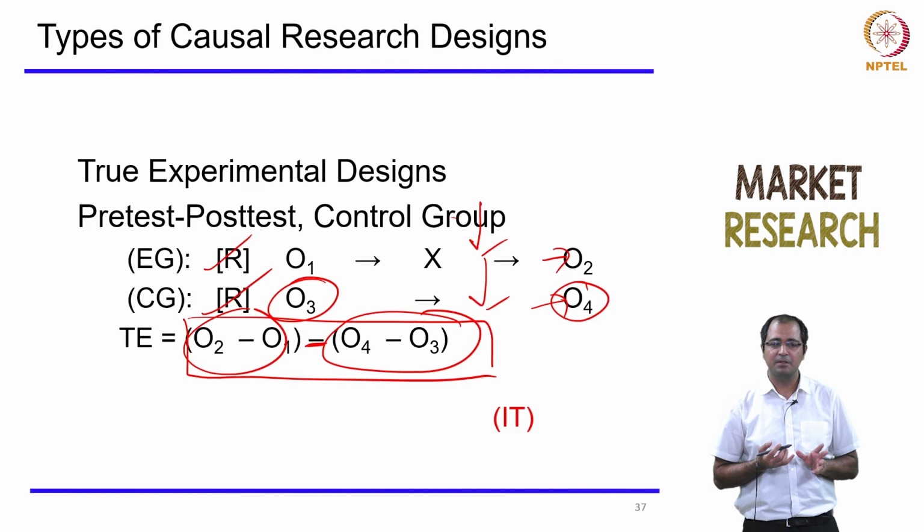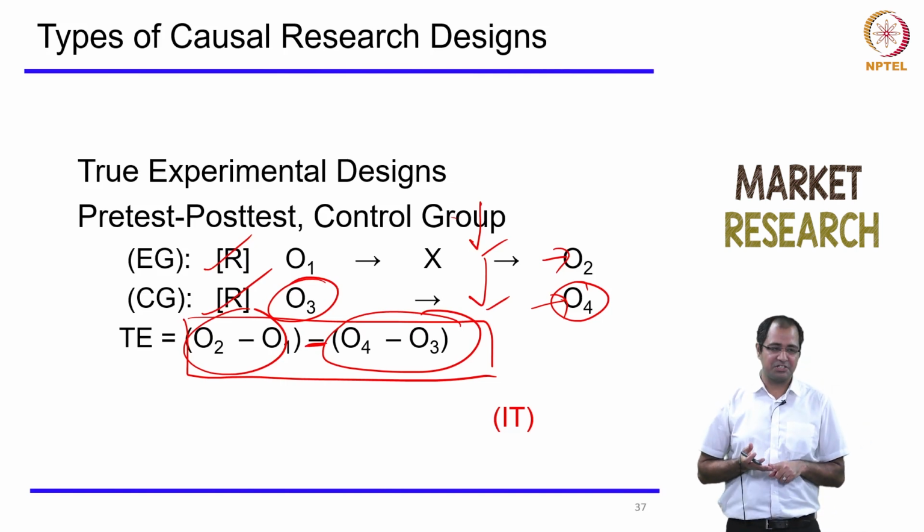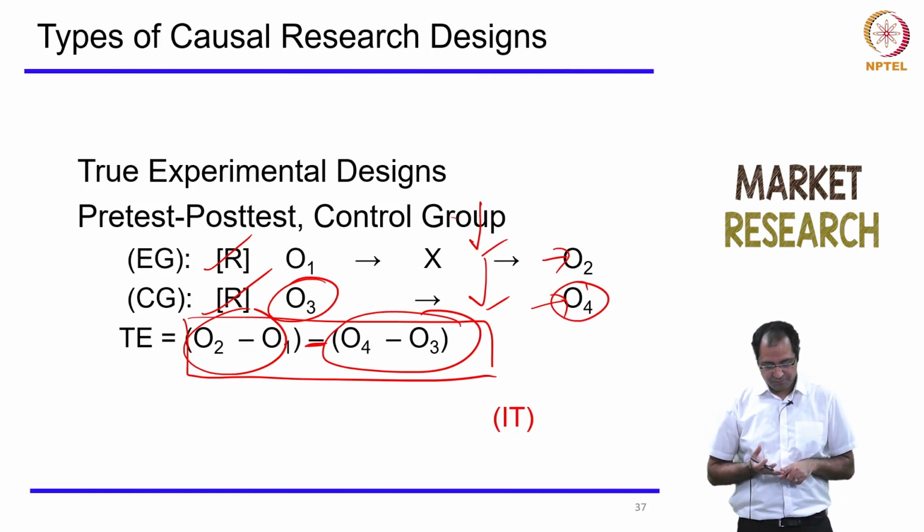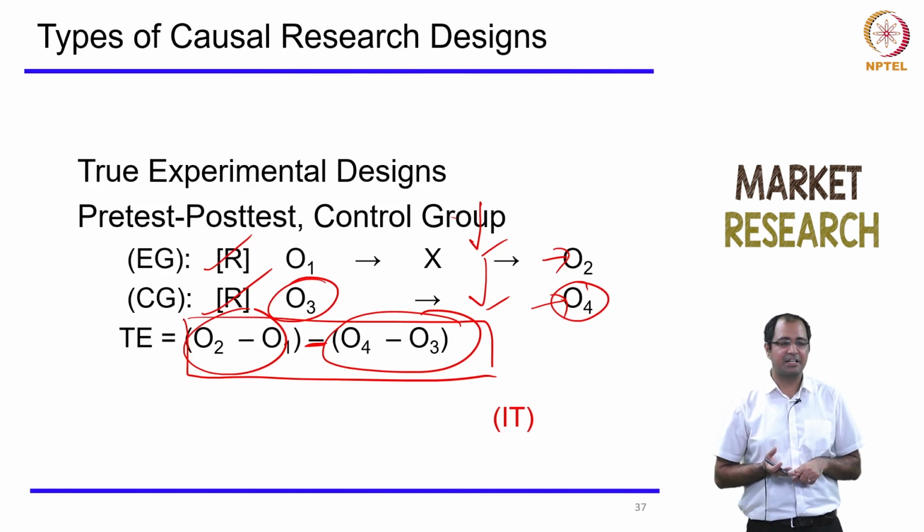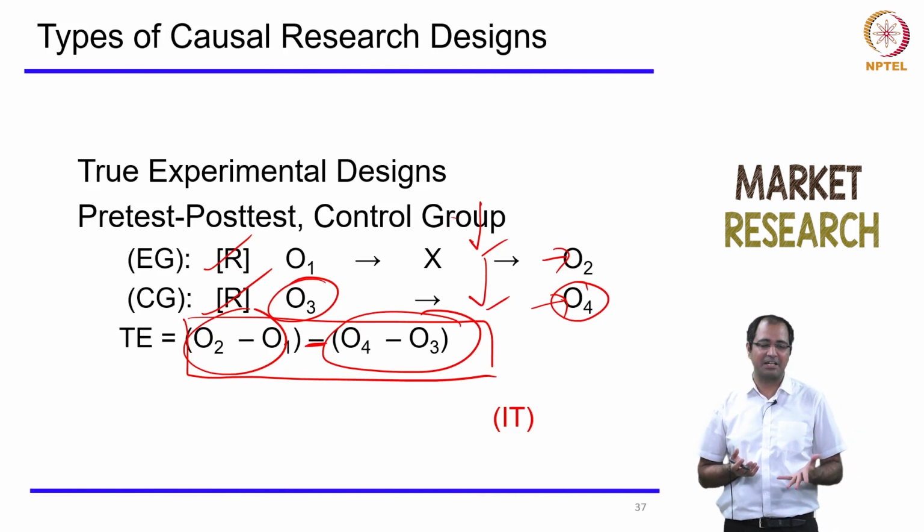Mortality would not be taken care of through the inclusion of a control group. So maturity will be taken care of. Selection bias is taken care of because of randomization. Main testing effect will be taken care of because both groups are told they are participating in the experiment.